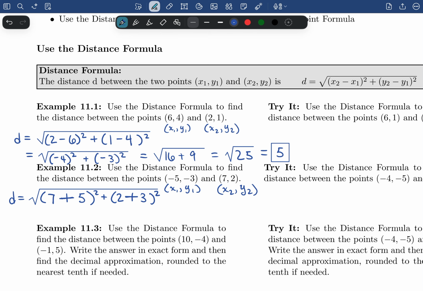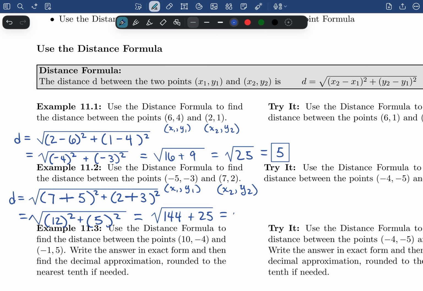All right, let's clean this up. I now have the square root of 7 plus 5, which is 12, squared, plus 2 plus 3, which is 5, squared. And 12 squared is 144, and 5 squared is 25, and that's all still under a square root.